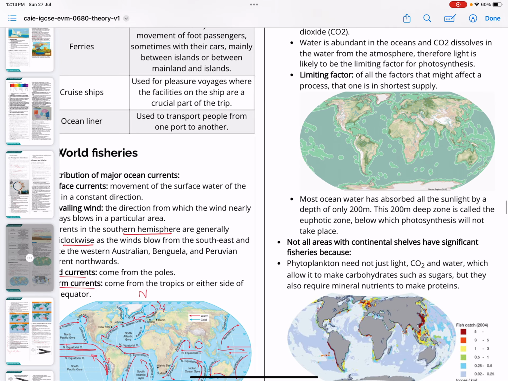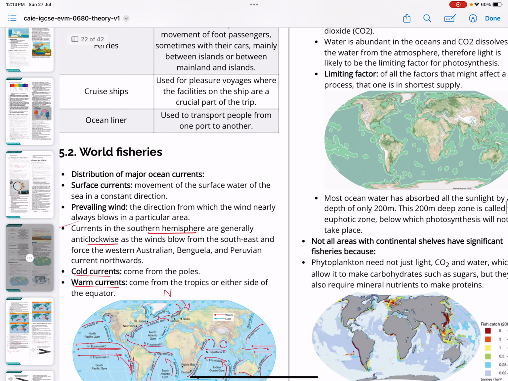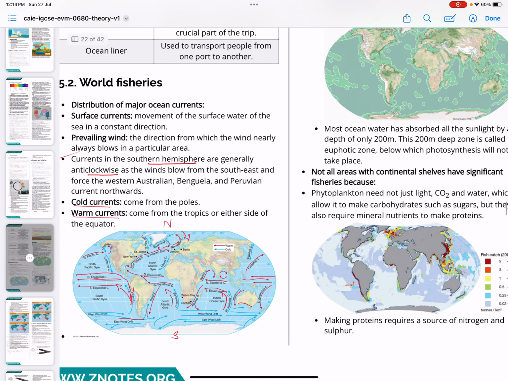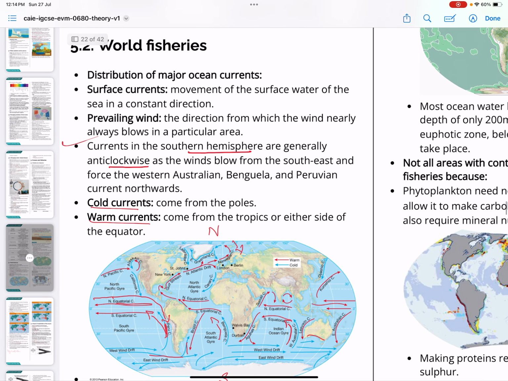The next thing that needs to be understood here is the direction of the winds and the temperature of the ocean.